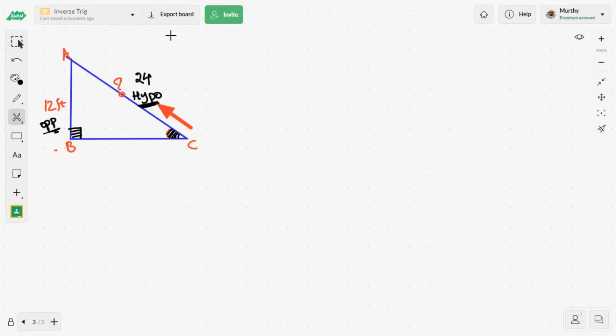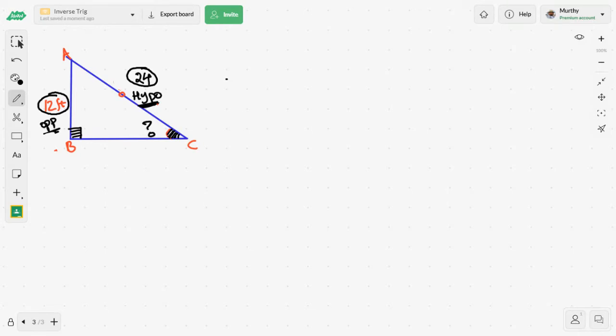One is the opposite side as 12 feet and the hypotenuse is given as 24. Already we computed that on the previous page. So just assume that the opposite side is given as 12 and this one is given as 24, and the angle is missing and you are asked to find the angle.